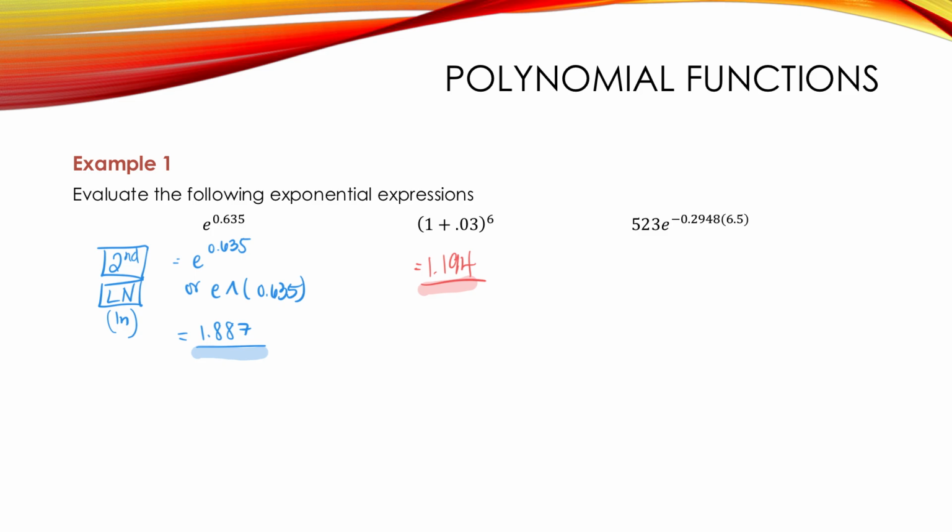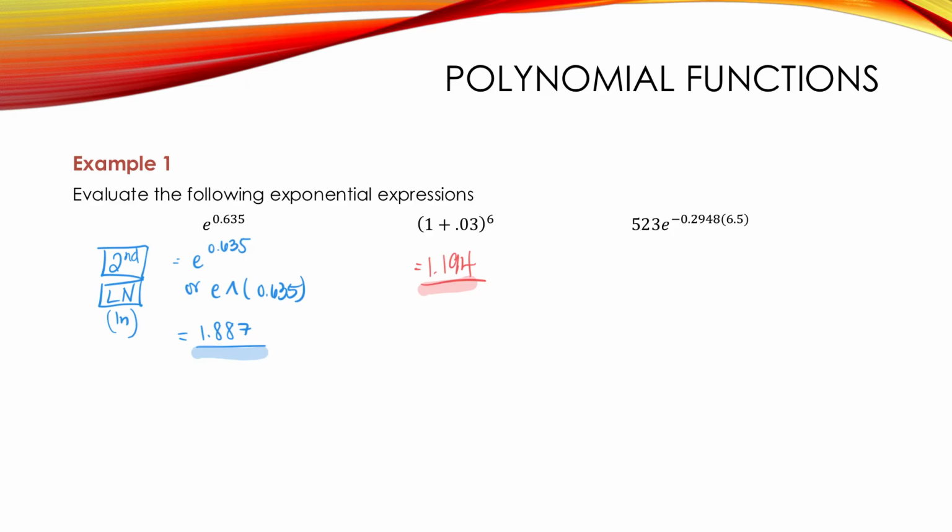The last one is a little more complicated, and we'll see this one coming back more so in the final section of Unit 4 when we start talking about exponential growth and decay. But this one says I have 523 times e to the negative 0.2948 times 6.5. If you're on a newer 84, not even a CE, even if you're on the Silver Plus, you should be able to put it in exactly as it's shown.